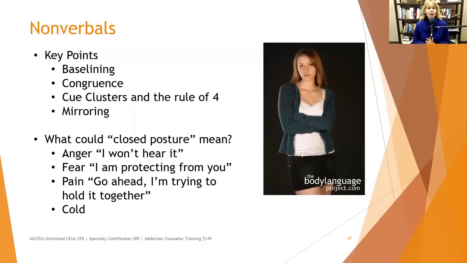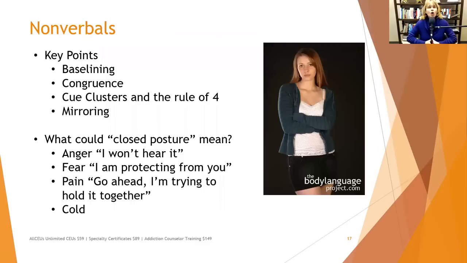The thing with baselining is you've got to figure out how often somebody normally does that, because I will avert my gaze down and left when I finish talking to somebody, and that's just kind of my cue of, okay, your turn to talk. But it's not necessarily that I'm being deceptive or accessing memories or whatever it is.